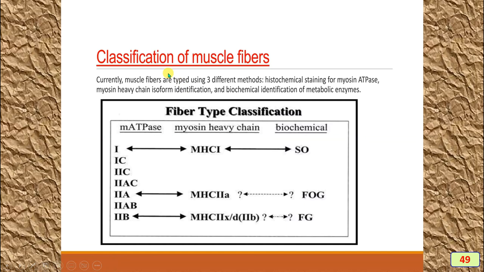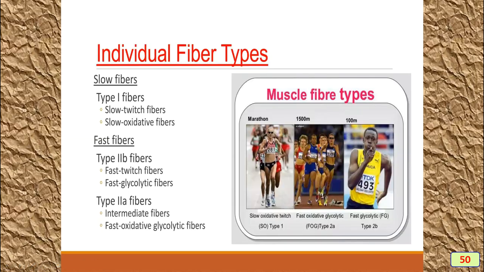So, the classification of muscle fibers is once again subclassified by three different methods: histochemical staining of the myosin (ATP), myosin heavy chain isoform identification, and biochemical identification of the metabolic enzymes. These are all the fiber type classifications.